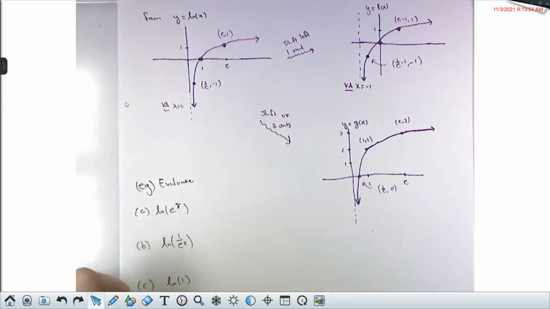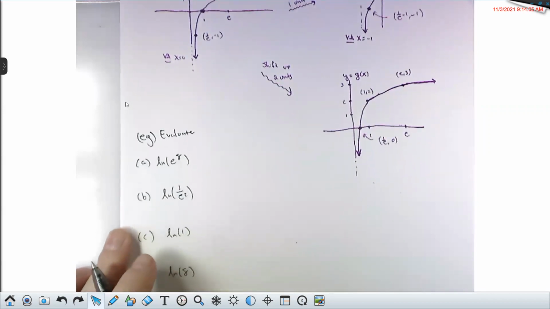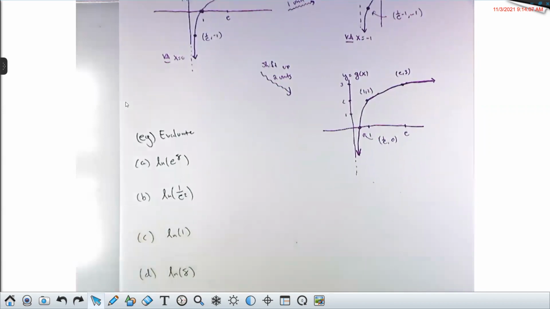And then just for fun, how about the ln of 8? Just getting more practice with this evaluation business.